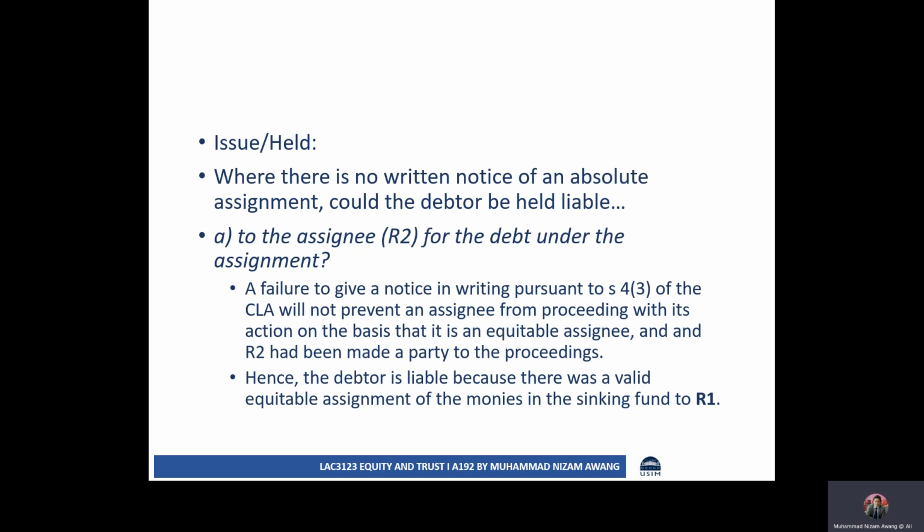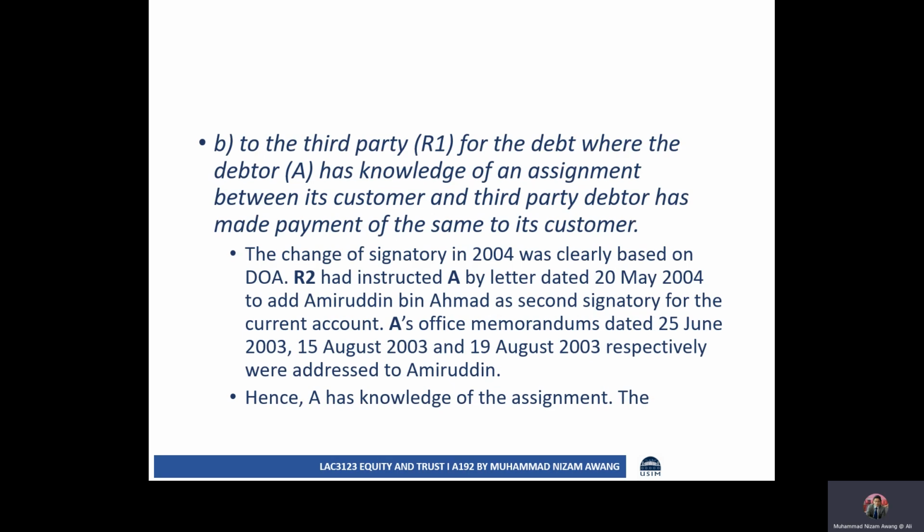And in this case, since the second respondent has been made a party, it is possible to recover the debt under the assignment. So no notice is needed if you bring the action under equitable assignment.